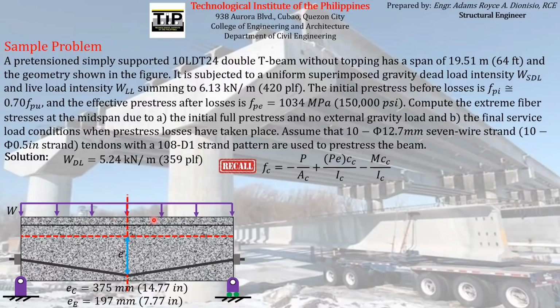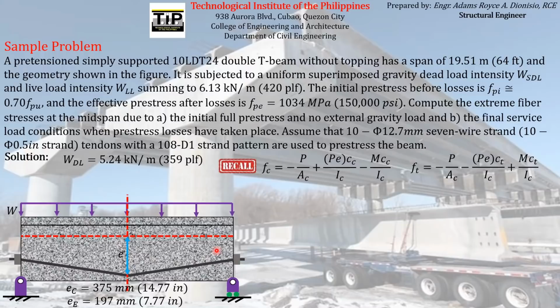If you want to find the stresses there, you can use this formula. You can just change the value of C depending on the particular location of the fiber you are investigating. If you want the extreme fiber stress, you can use the extreme distance from the neutral axis, C. In the case of the stress at the pretension zone, which is the lower portion of the concrete element, if the concrete element supports its own weight, the tendency is that it will experience tensile stresses at the lower portion.